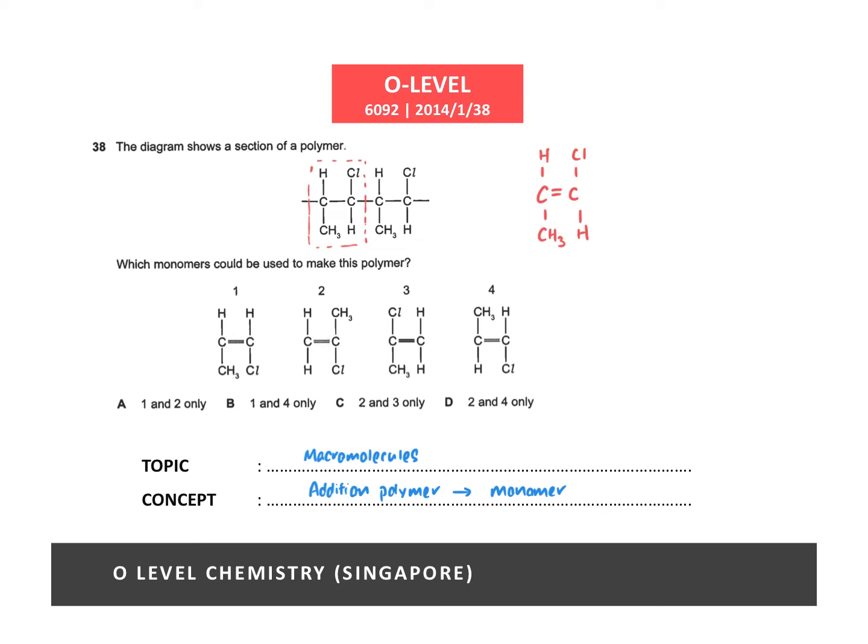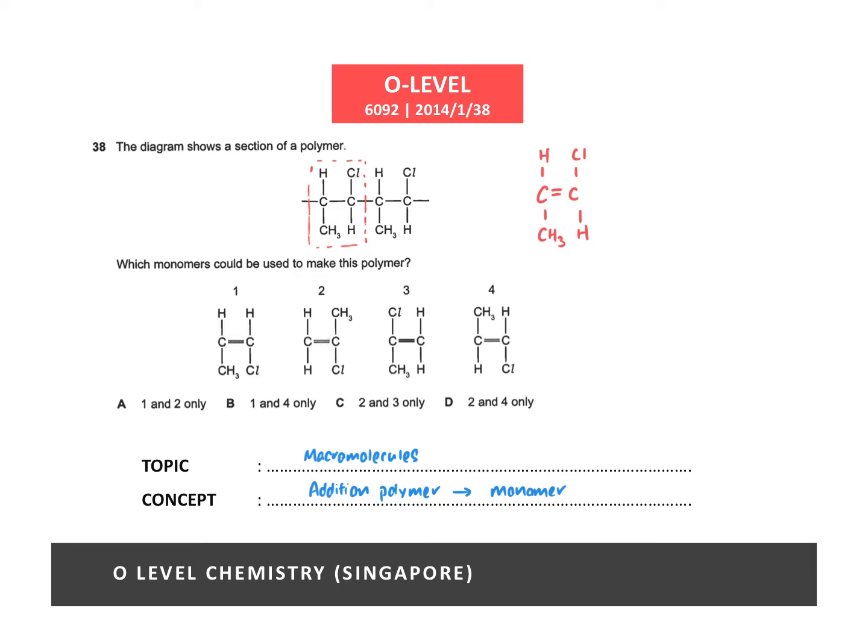Now the next difficulty lies in identifying which monomers 1, 2, 3 and 4 given in the question has the same structure or arrangement of atoms as the one that we have just drawn. Now there are two ways to solve this. First way is to look at what each carbon in the carbon-carbon double bond is bonded to.